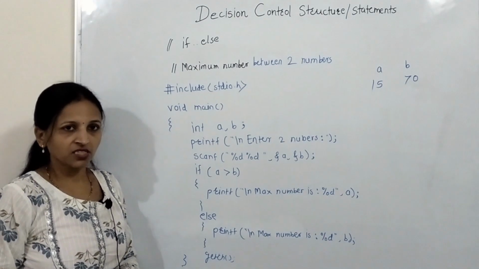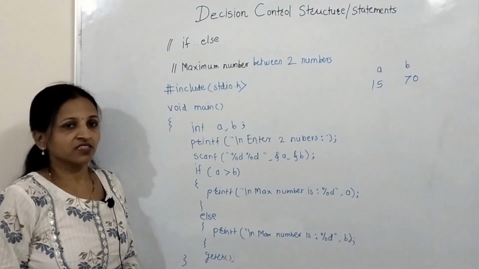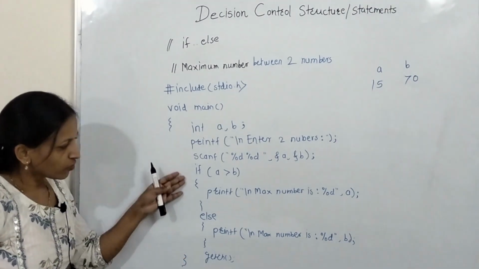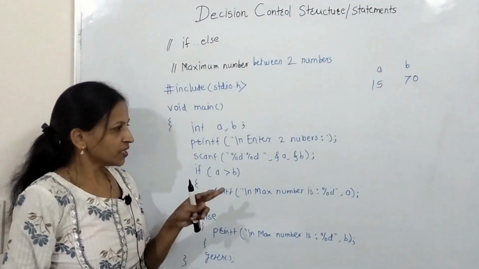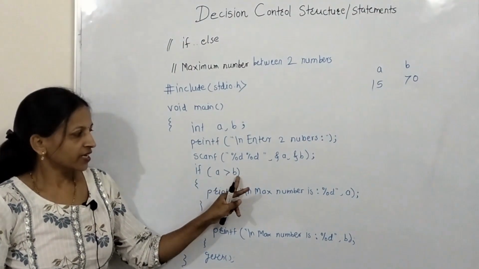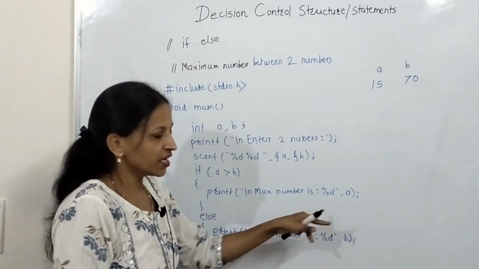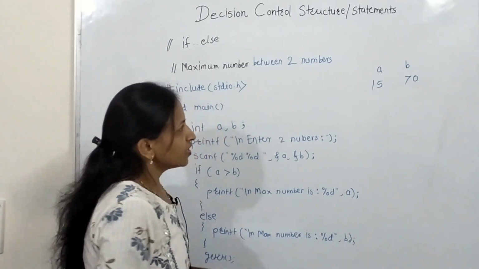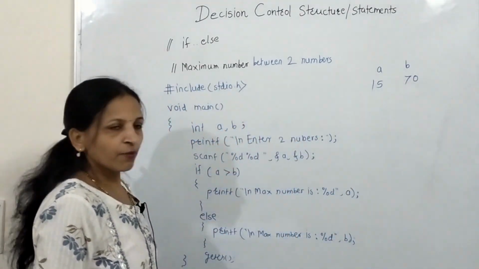That is the next construct, the if else if construct, that we can use for that. Now see here what will happen. Suppose two numbers are like this, A and B. If A is greater than B, then it will display maximum number is A. Here it will put the value of A. Now suppose the value of A is 15 and B is 70, then how will this program act?